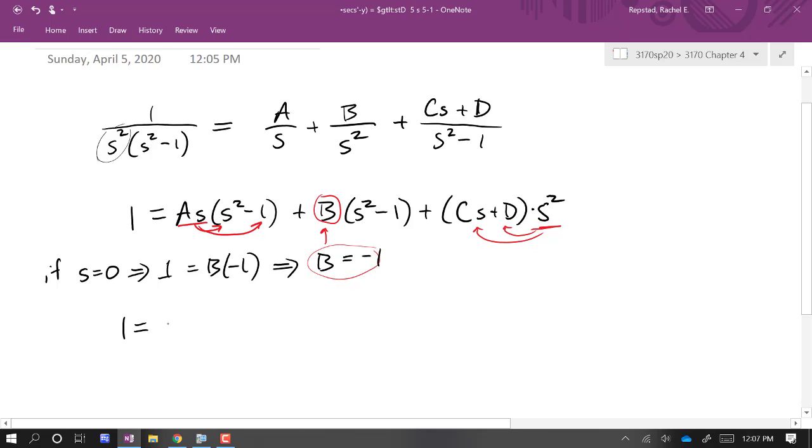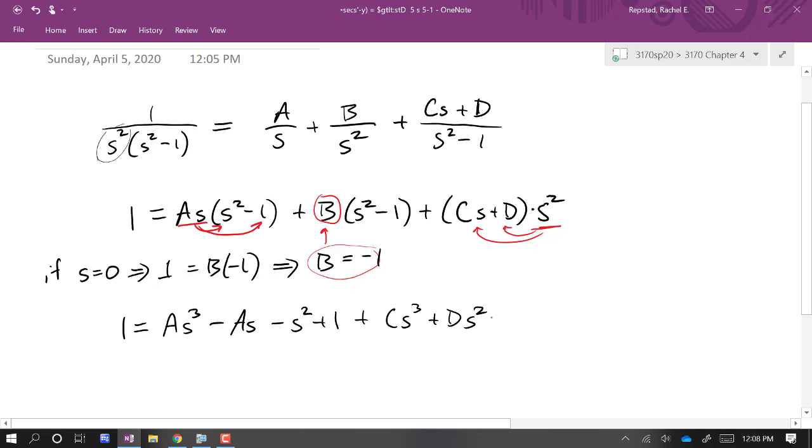So I've got As cubed minus As. Distributing the B, which is negative 1, so minus s squared plus 1, and then plus Cs cubed plus Ds squared.